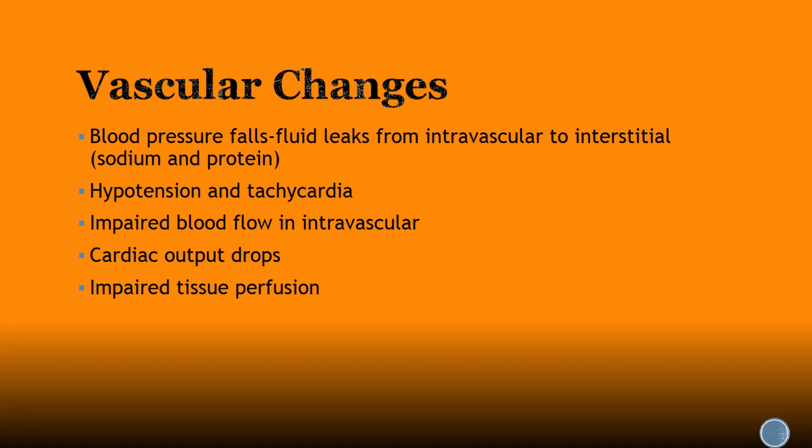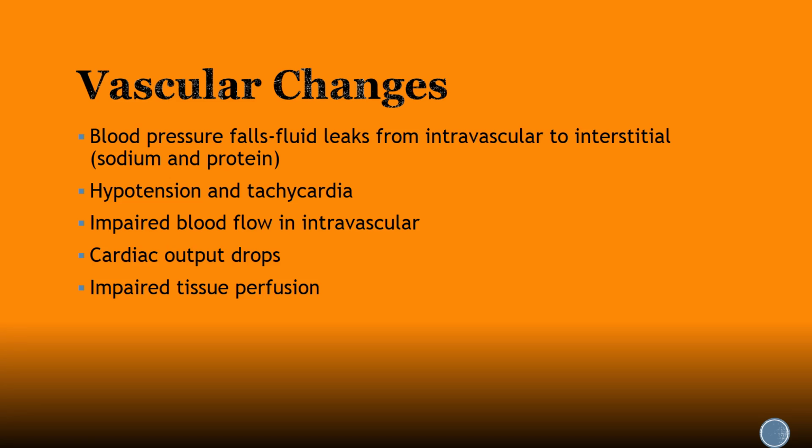There is a profound imbalance of fluid, electrolytes, and acid-base balance. They lead to hyperkalemia, elevated potassium, a low sodium, and hemoconcentration. So your hemoglobin and hematocrit initially look elevated because it's so concentrated, but as you add volume and replace it, it shifts and they end up being low.